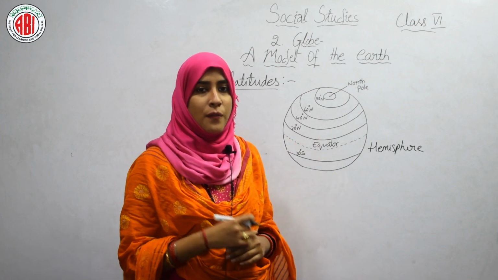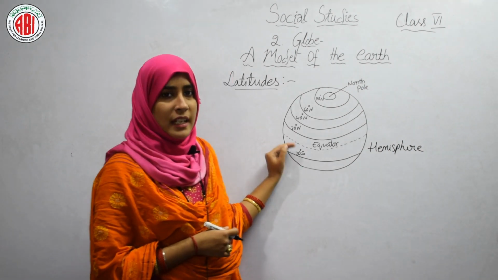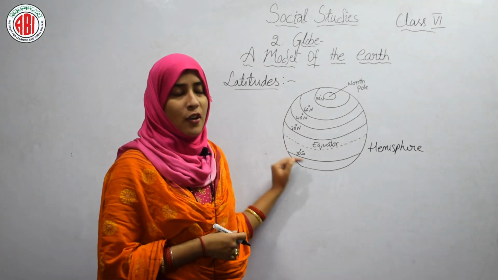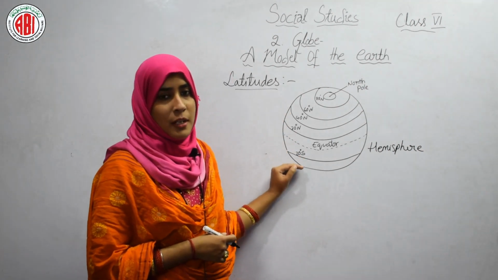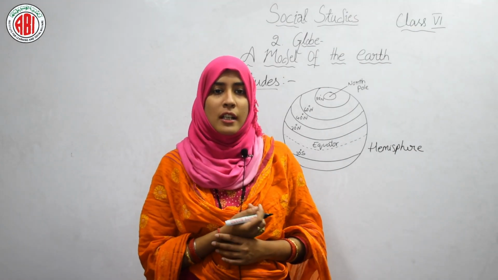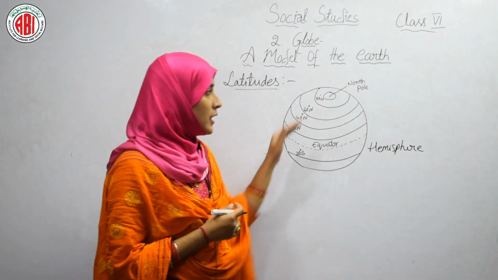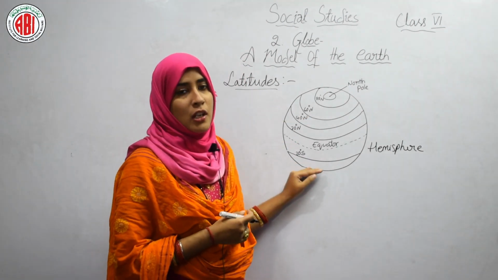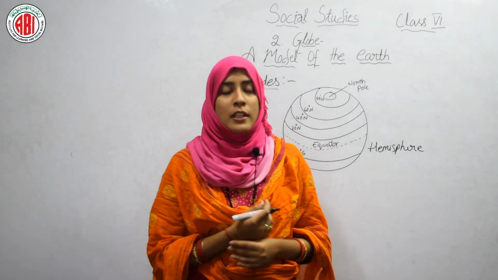Also find out whether our country is in the northern hemisphere or the southern hemisphere. And also find out which part of the earth, northern or southern, has more water.